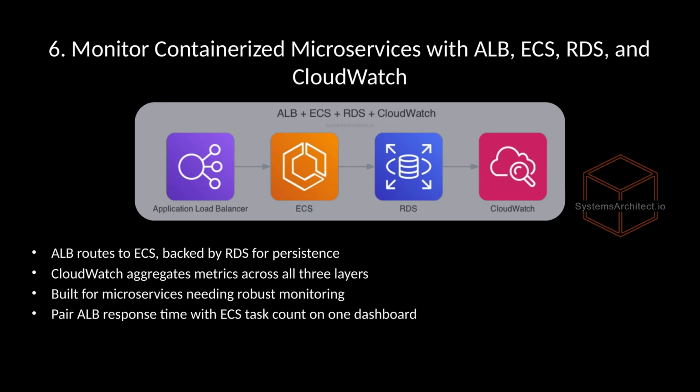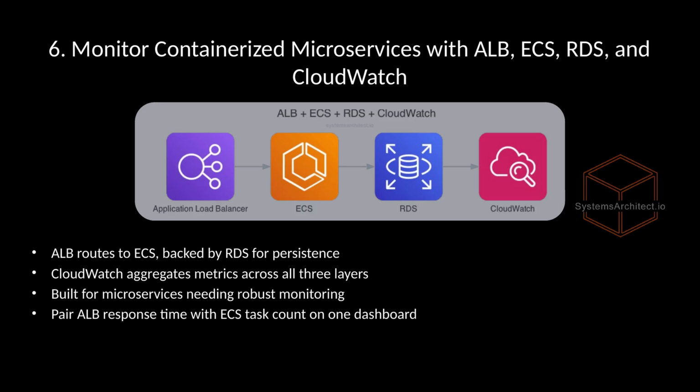6. Monitor containerized microservices with ELB, ECS, RDS, and CloudWatch. Containers make deployment flexible, but that flexibility makes it harder to know what's happening across a fleet of short-lived tasks. An ELB routes traffic to containerized services on ECS, backed by RDS, while CloudWatch collects request, task, and database metrics into one place.